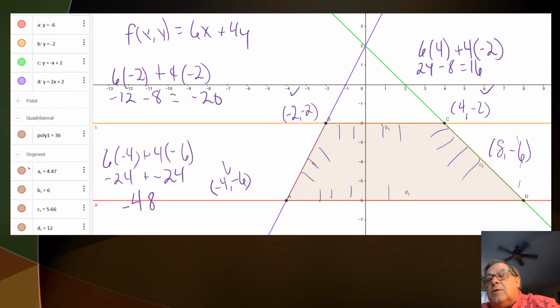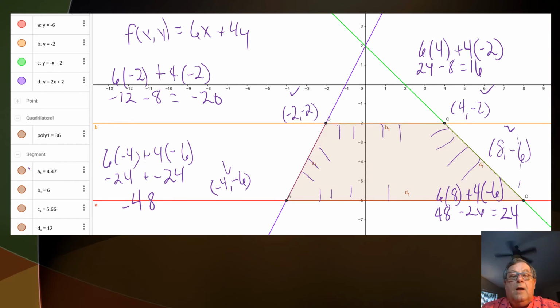And then lastly, we're going to use this coordinate, (8, -6). So we've got 6 times 8 plus 4 times negative 6. That's 48 minus 24, which equals 24. Now I'm trying to determine what my minimum and maximum values are.